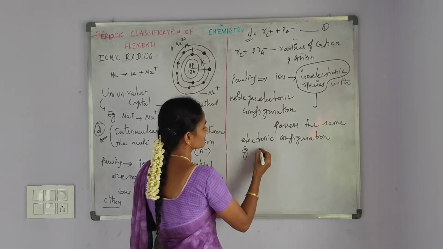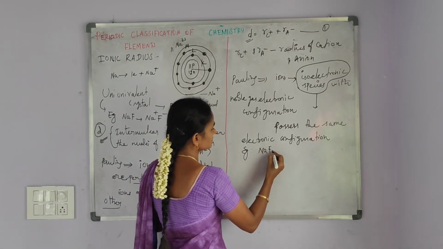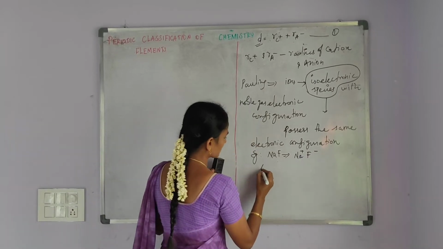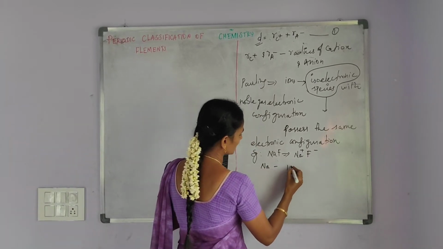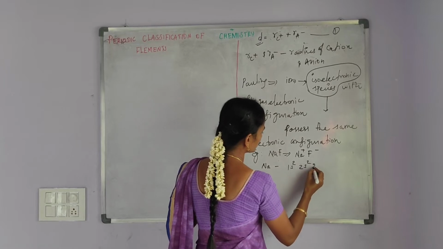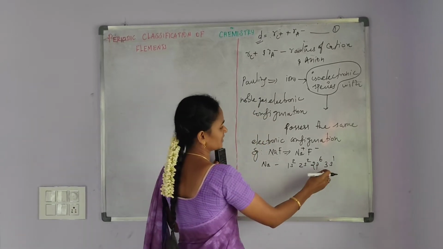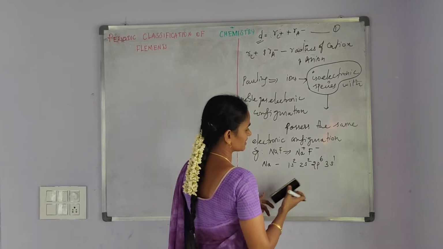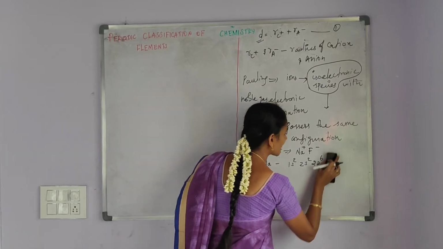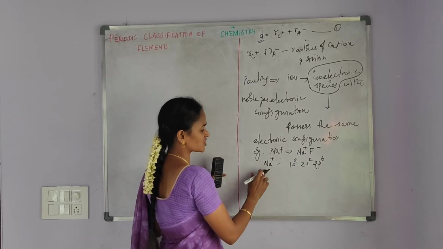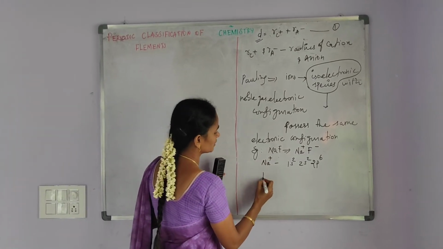The example is sodium fluoride, Na plus F minus. Sodium, its electronic configuration is 1s2, 2s2, 2p6, 3s1. If the last electron present in the 3s orbital is removed, it becomes the electronic configuration of sodium ion.